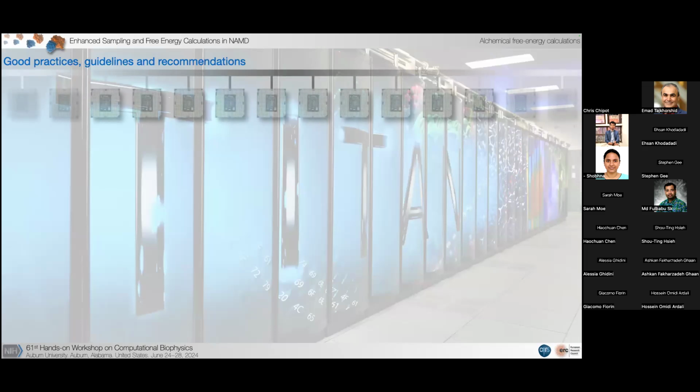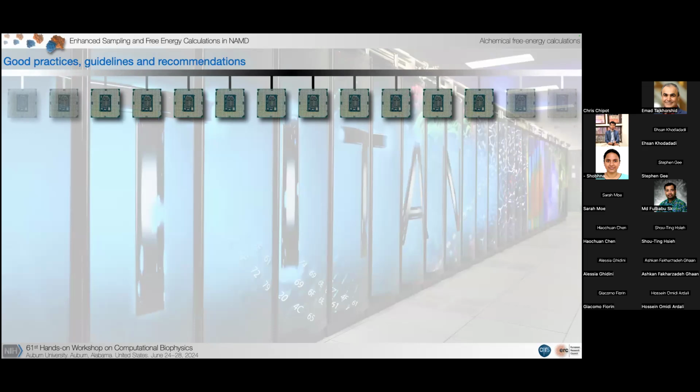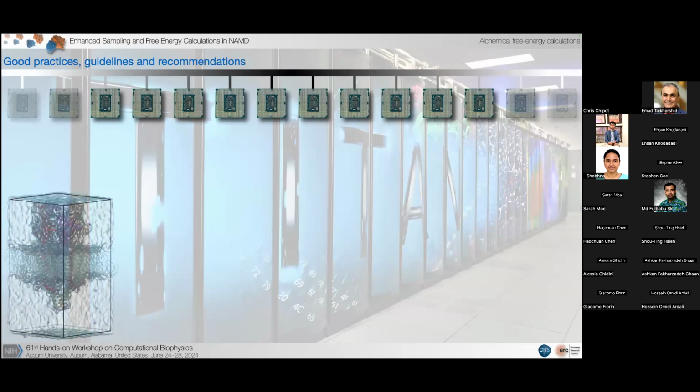Okay, so in practice, how do we deal with that? In NAMD, we're still doing things the old-fashioned way by default. We proceed sequentially, going from 0 to 1. But if you have access to a host of computer nodes, GPUs, and the like, nothing prevents you from distributing the task across these different nodes.